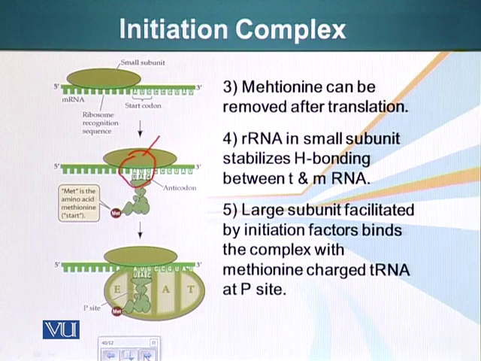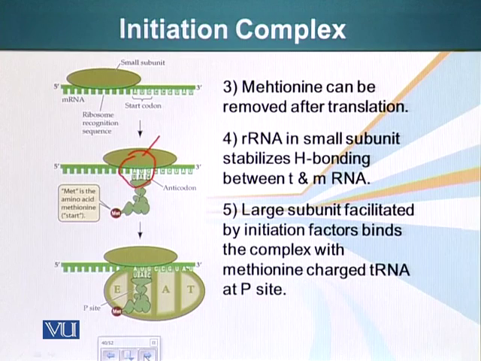The large subunit comes in with help from initiation factors, and the site where the large subunit lands on this complex is the P site, where the transfer RNA containing methionine is located at this point.